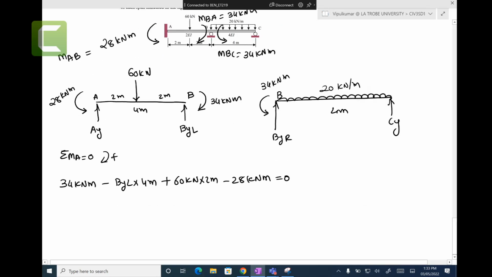Check me, please, if I'm making any mistake or forgetting anything. 120 minus 28, BYL equal to 126 over 4, 31.5.